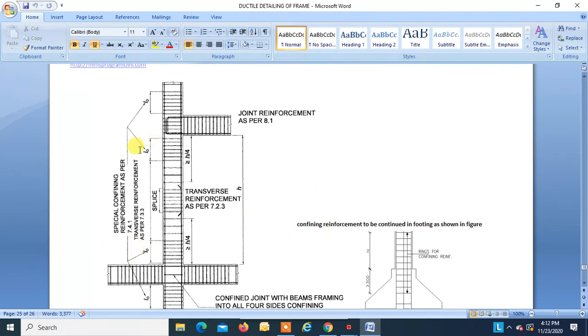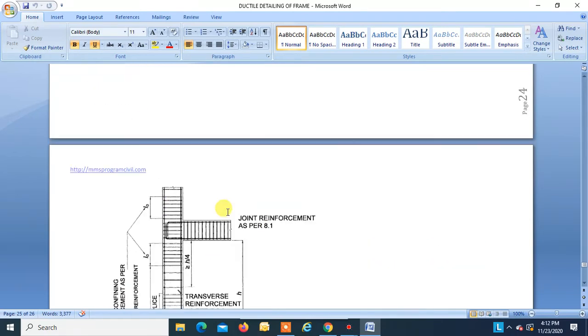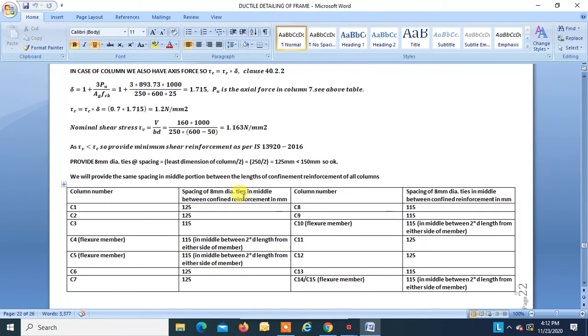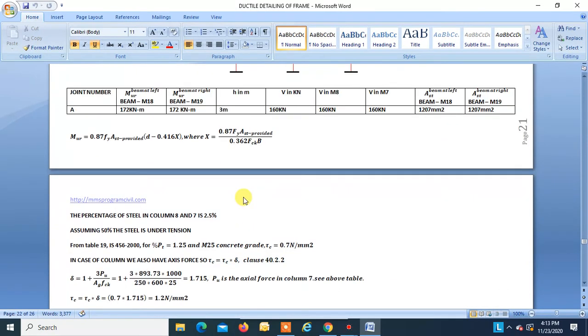L0 is the area where the confining reinforcement will be provided, and in the area in between, we will provide the tie spacing as we are trying to find now.